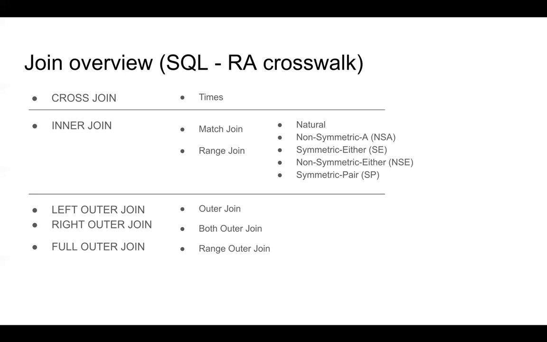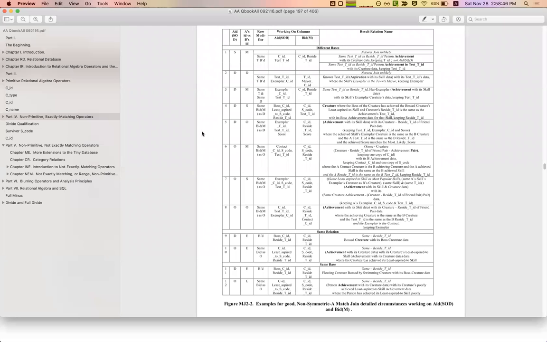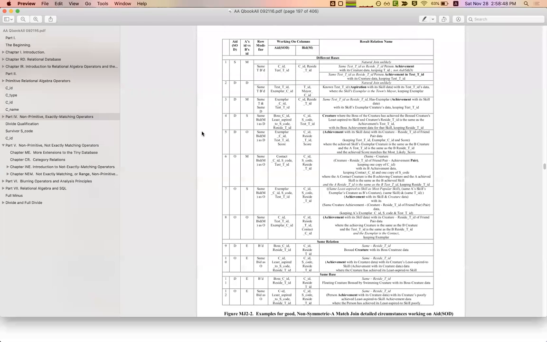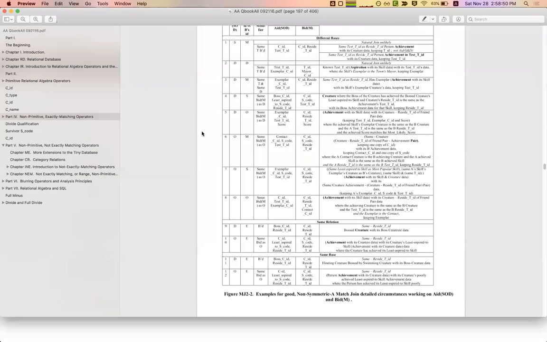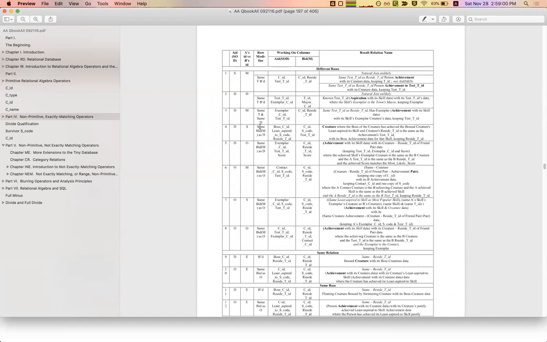So at this point, what I'll be looking for you to understand better are these different categories of match join that I have on the right-hand side. You can refer to the textbook to find lots of examples of good, here's not symmetric A match joins. So what you can do is you can take the examples listed here and try actually doing them.